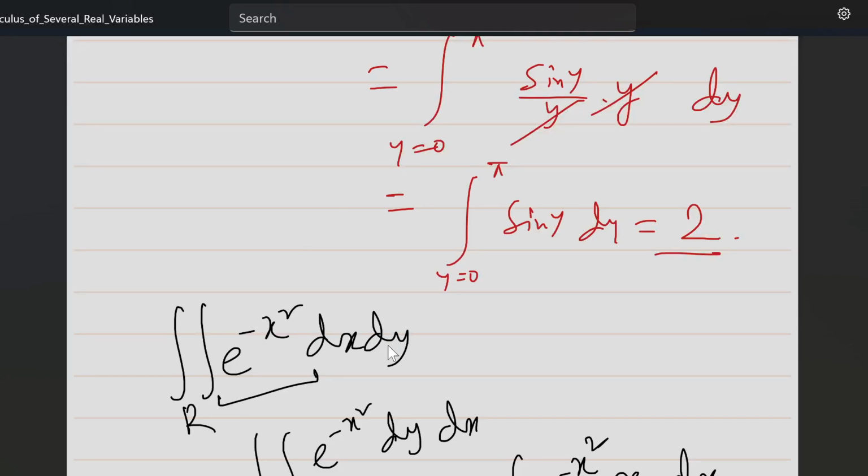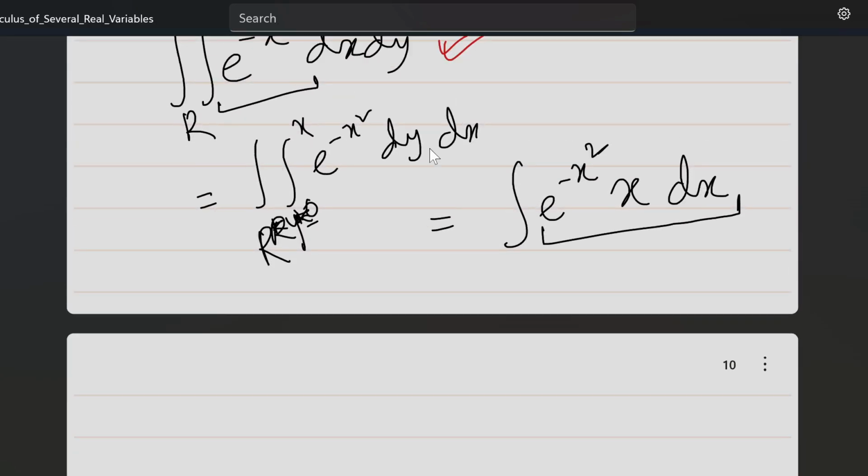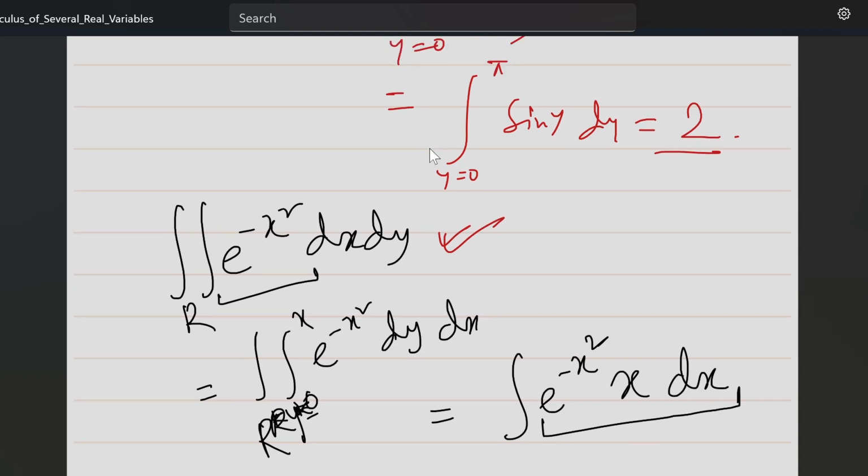Suppose y is from 0 to x in that problem. Now you can solve this very easily, because you can take x square as z, so x dx is dz by 2, and you can solve. But directly you cannot solve. So always remember this: if you are not able to solve, better you change the order of integral.